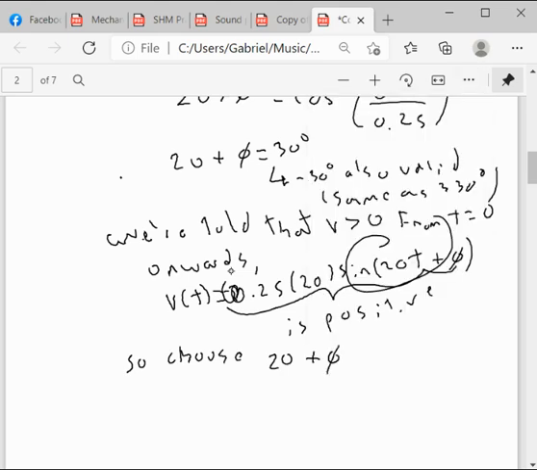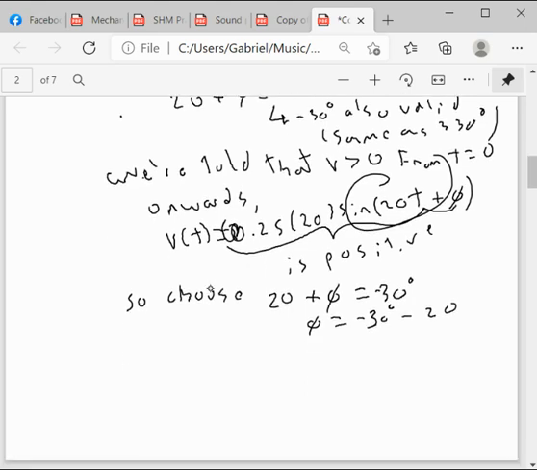But because it wasn't just a phase factor on the left side above, the phase factor is actually minus 30 degrees minus 20. So now we have the full formula for the position function of time.